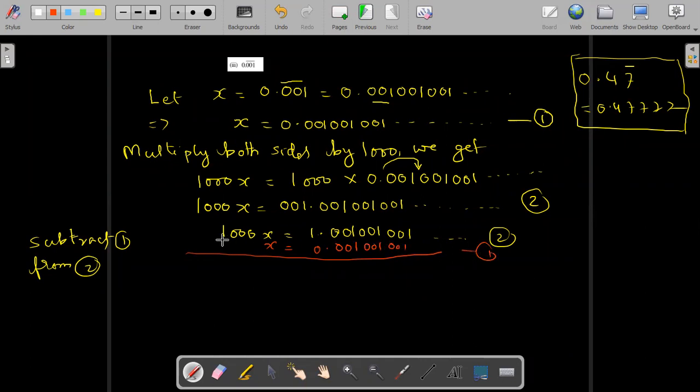This is equation number 1. Subtract: 1000x minus x is 999x, and on the right side 1 minus 1, all the decimal part will be deleted. So x is equal to 1 by 999. Therefore, we got 0.001 bar is equal to 1 by 999.